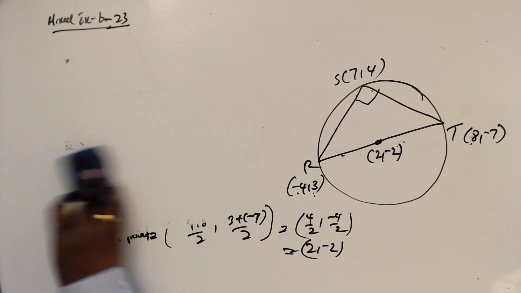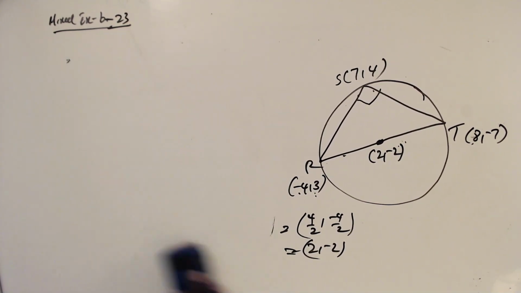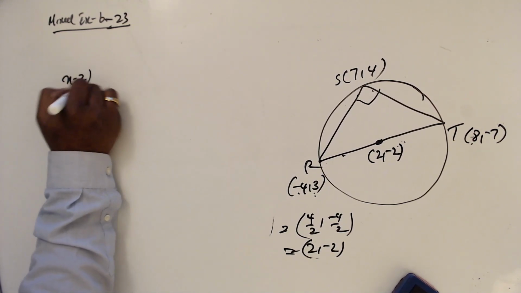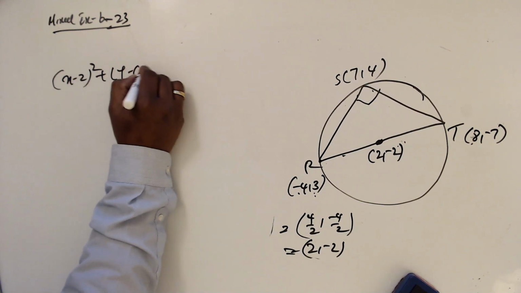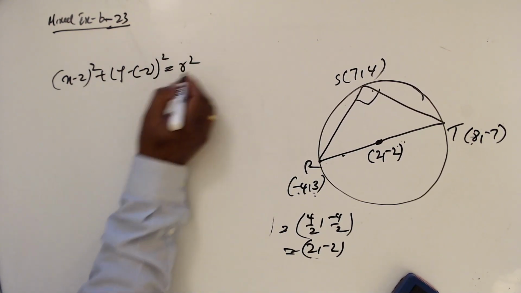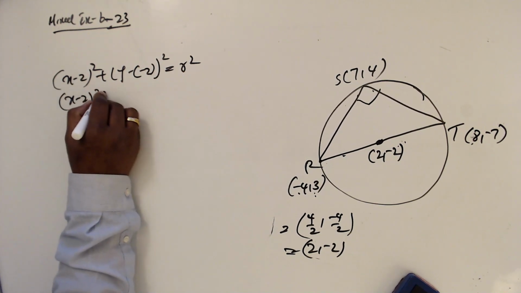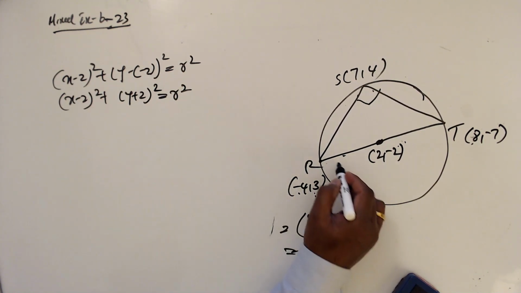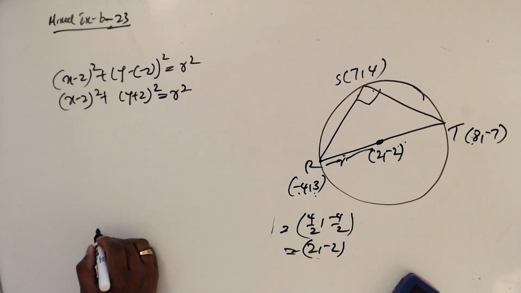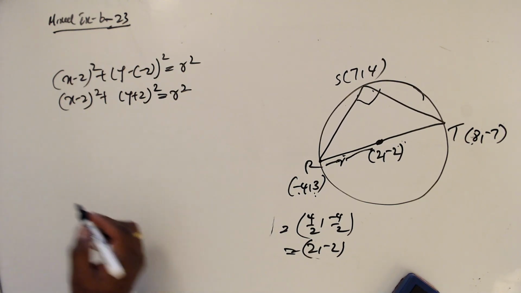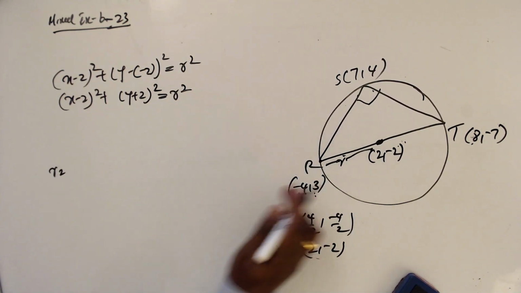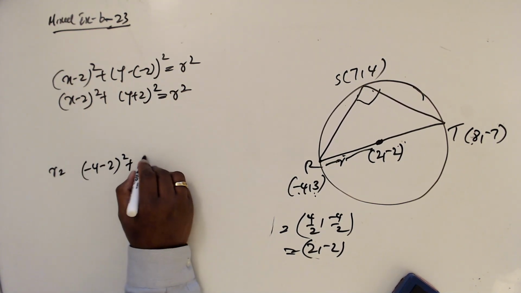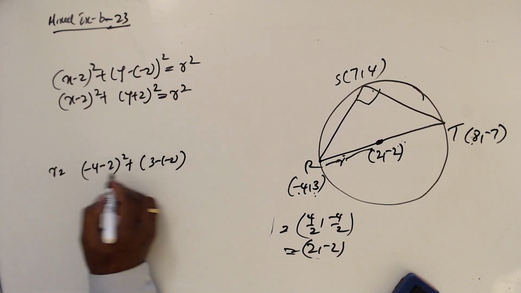Now we want to find the equation of the circle. So I have the center (2, minus 2): (x minus 2) squared plus (y plus 2) squared equals r squared. Now I need the radius. So r is, I'll consider those 2 points, the square root of (minus 4 minus 2) squared plus (3 minus 2) squared.